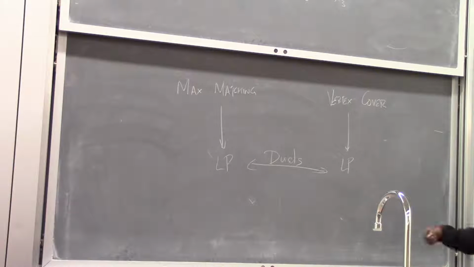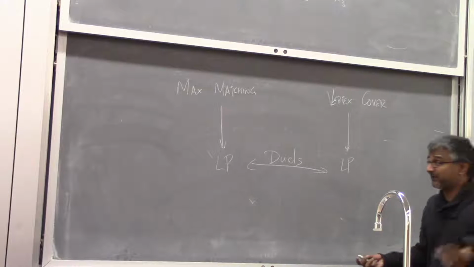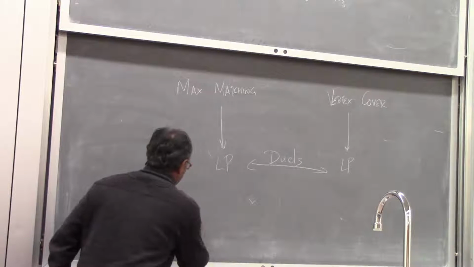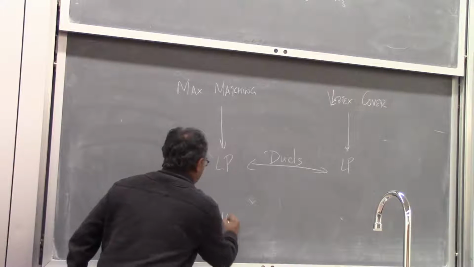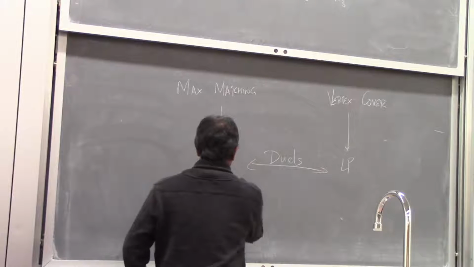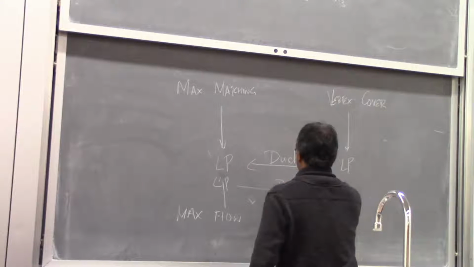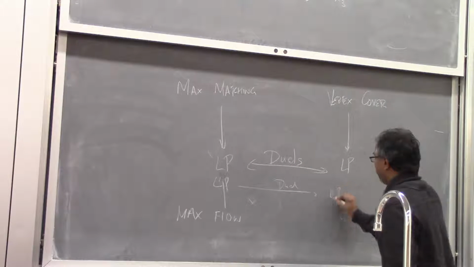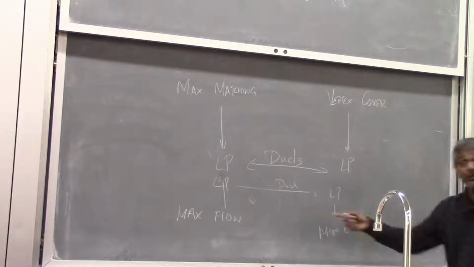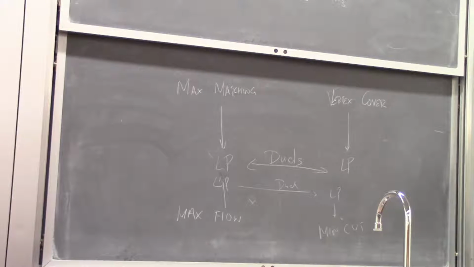And again, we've seen other examples with max flow, for example. So we've seen the example I'm going to write at the bottom here. Max flow is here, which has its own LP, which is dual to another LP, which gives you min cut. But here, both these problems are solved in polynomial time, because the integer solutions are the linear solutions.